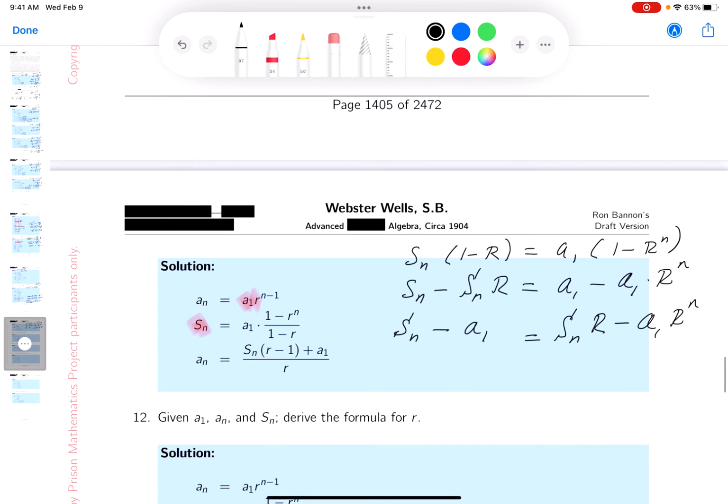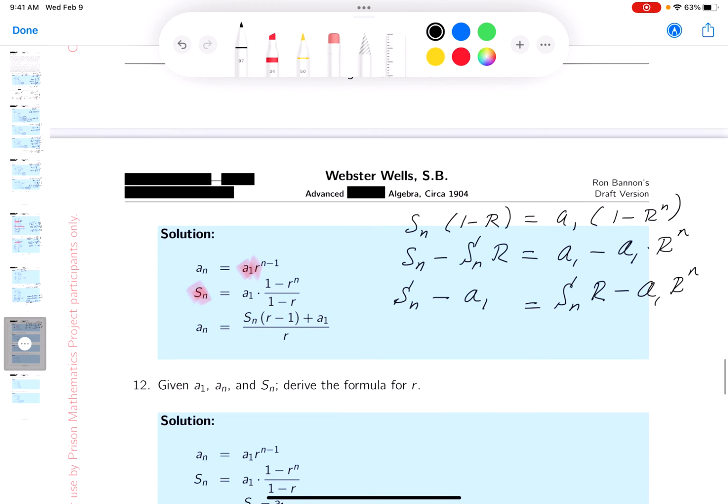Now, I'll go back and remind what the givens are. But what do you get up here? Sn minus A1 equals, I'm going to factor an R out now. R times Sn minus A1 R to the n minus 1. So someone says, what did you just accomplish here?